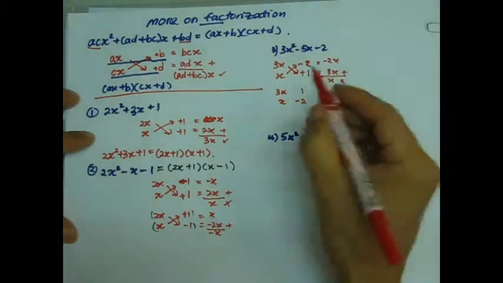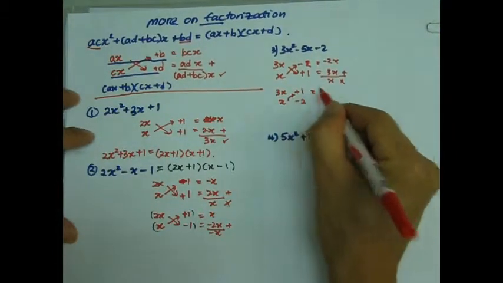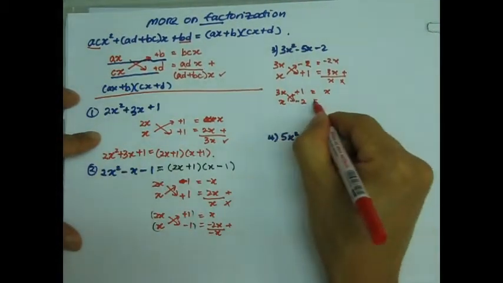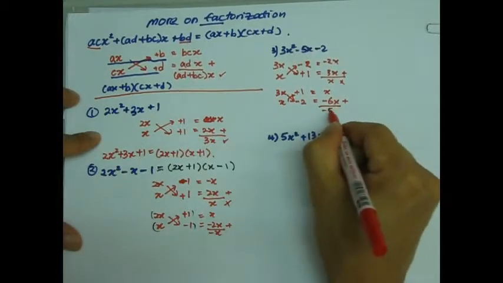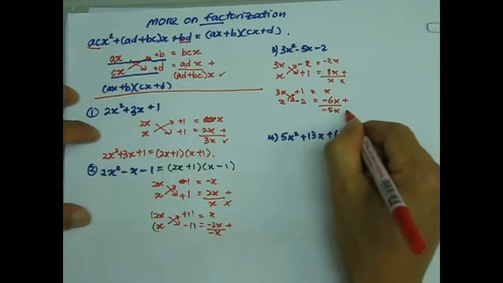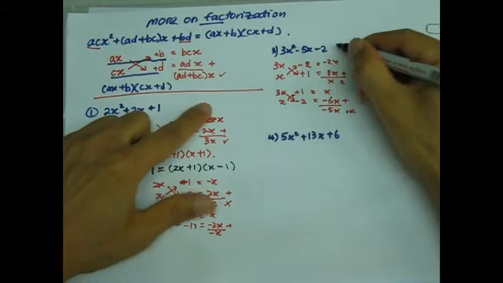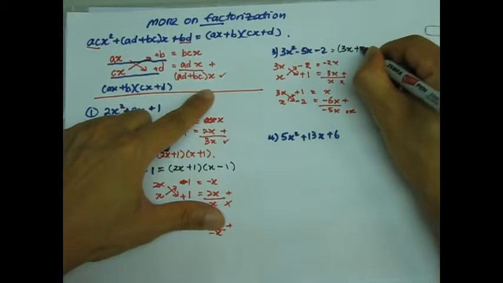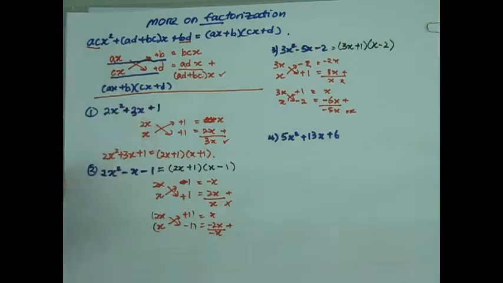Minus 6x plus 1x, for example, will give me minus 5x. So cross multiply, that gives me x. Cross multiply, that gives me minus 6x. If you add them together, minus 5x. That's good. So the answer to that one will be (3x plus 1) times (x minus 2).